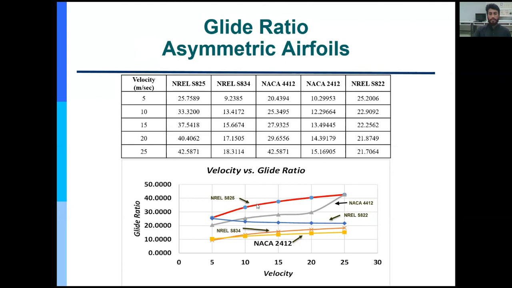Therefore we chose NREL S825 for fabrication, because it has the maximum glide ratio. The airfoil having the maximum glide ratio is considered to be good.